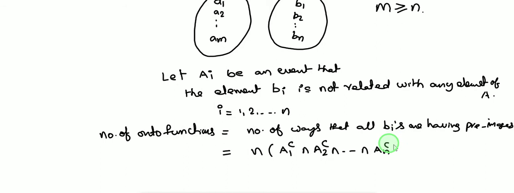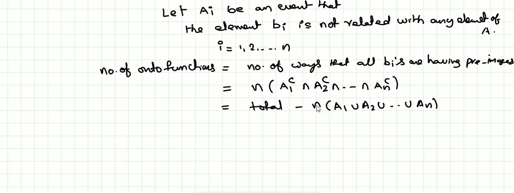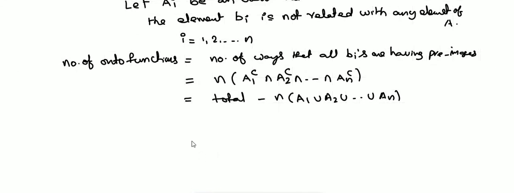The total number of distributions is nothing but the total number of functions, which is n power m, because we have n elements in the set B, so each element of capital A will have n choices. There are m elements in capital A, so n is multiplied by itself m times as per the multiplication theorem.